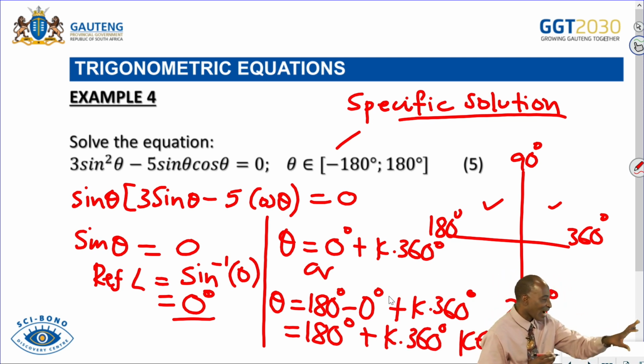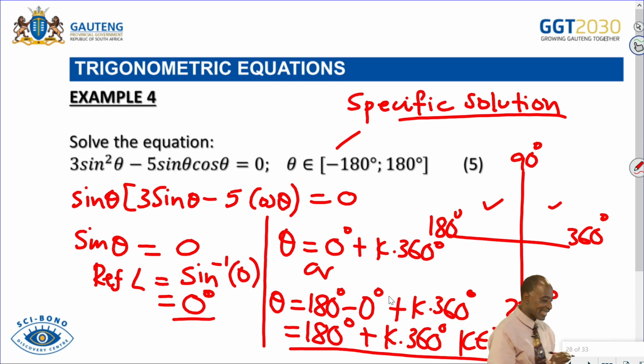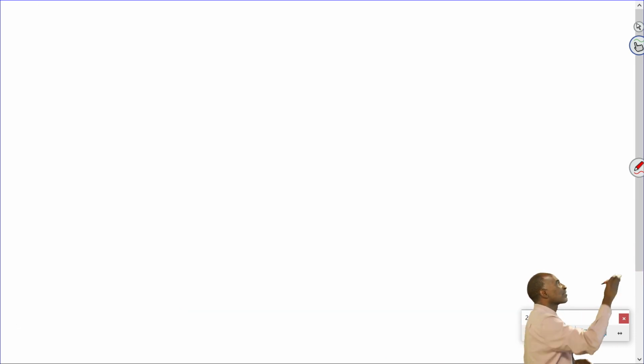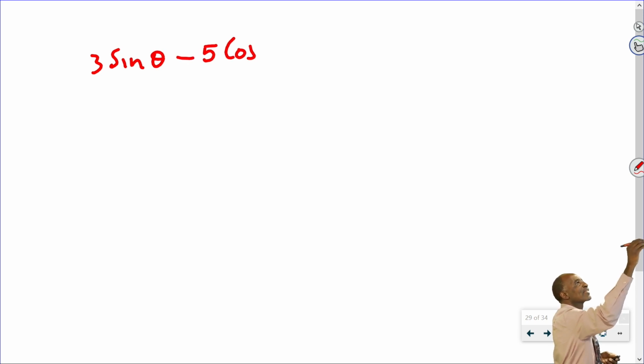Right, so we'll generate our answers from this one so far to check which ones fall within the interval. Then you move on to the next one. Our next one is going to be 3 sine theta minus 5 cos theta, so we have 3 sine theta minus 5 cos theta equals 0.